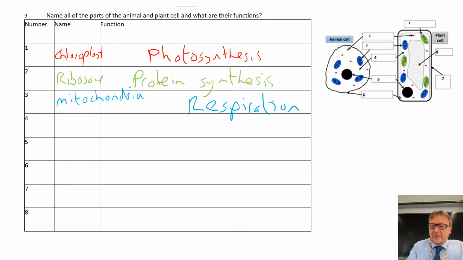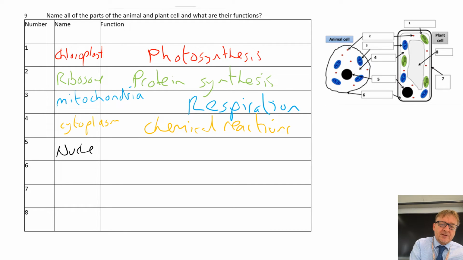Number 4 is then cytoplasm. That is the site of where all the chemical reactions take place. Number 5, I did this one in black, is the nucleus.